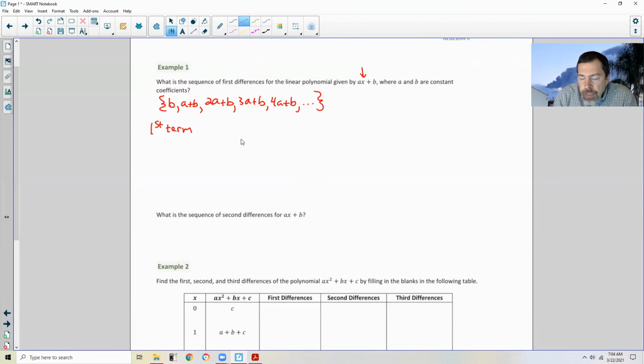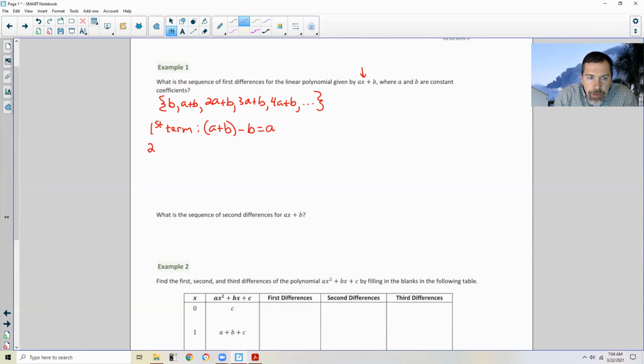And so for the first term, what you do is you take the a plus b, a times 0 plus b, and you subtract the b, and that gives you a.